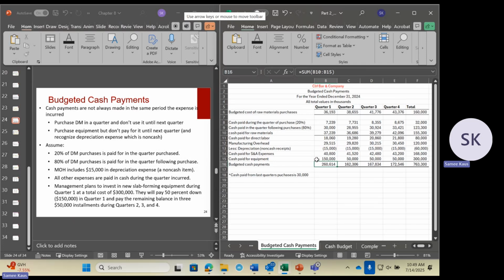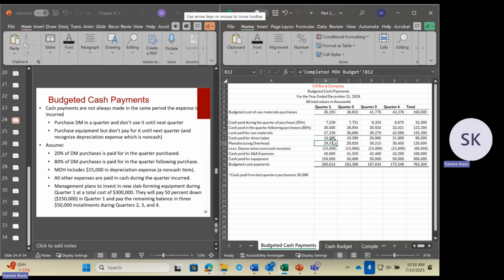So I will plug that down and I will see that I have my budgeted cash payments here, because all I've done is have some intermediate calculation to get my cash paid for raw materials. But ever since then, I was just plugging and chugging from the information that I prepared during my operating budget. So again, you have to understand the connectivity of these, because if you get a little bit messed up in one of these, it's going to really mess up all of your subsequent budgets.